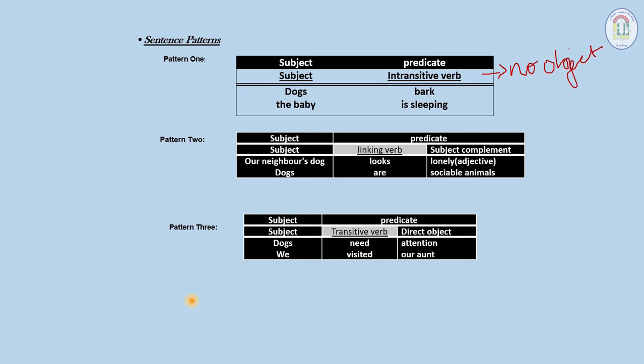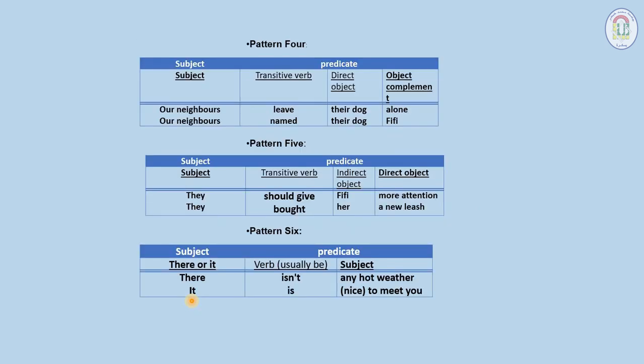It can be subject plus intransitive verb. It can be subject plus linking verb plus subject complement. It can be subject plus transitive verb plus direct object. It can be also subject plus transitive verb plus direct object and object complement. Or it can be subject, transitive verb, indirect and direct objects.